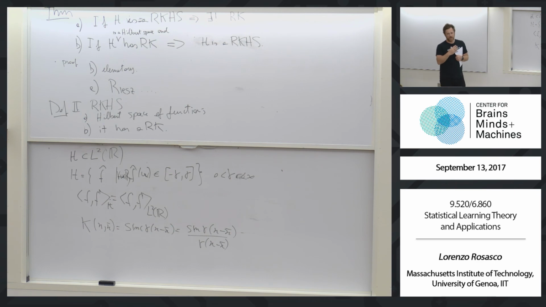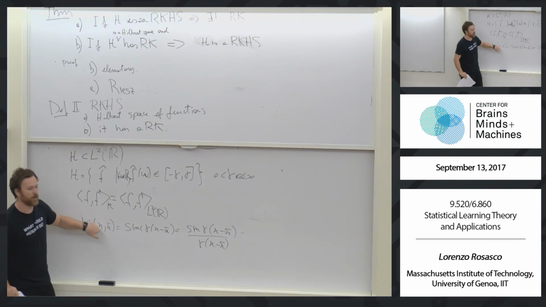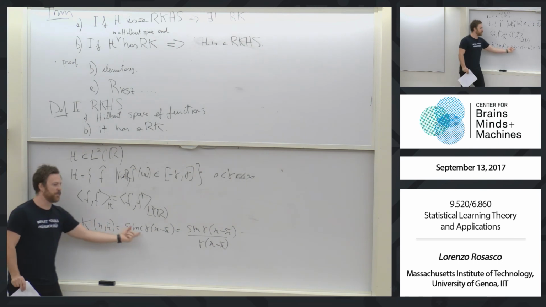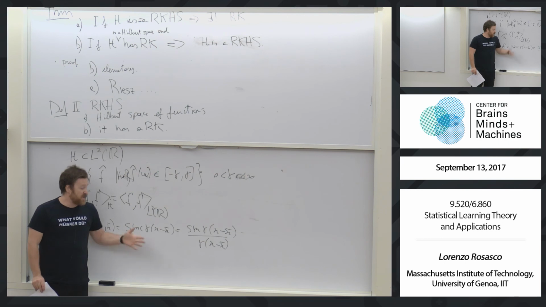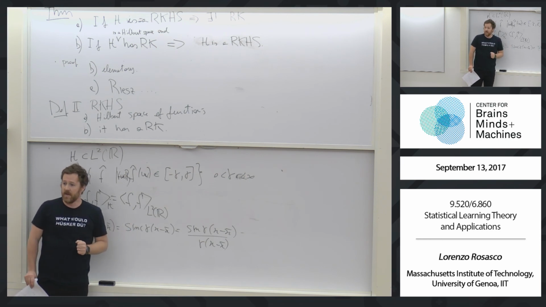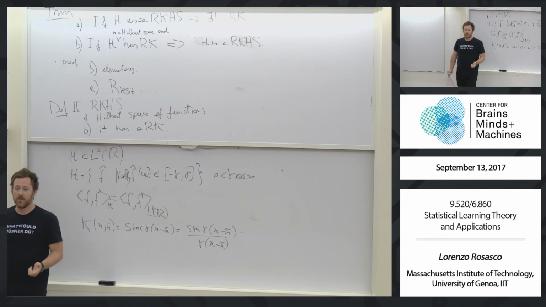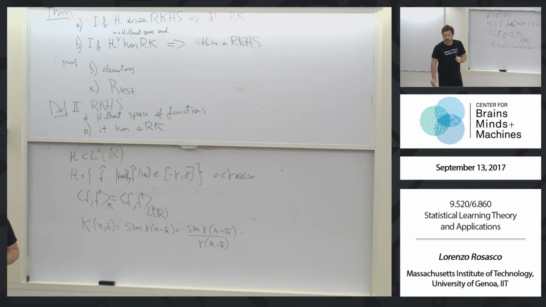So this is the first example. It's called a translation invariant kernel. They're called translation invariant because they don't depend on x and x prime separately, but only on the difference between x and x prime. And there is a whole series of kernels we can define this way: the Gaussian kernel, the exponential, the multiquadric kernel, and so on and so forth.